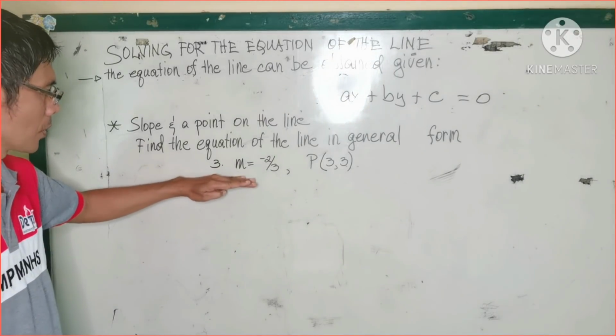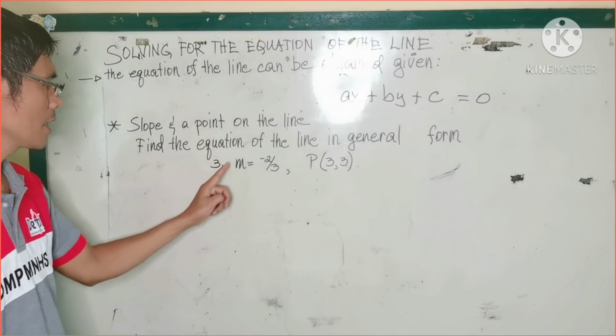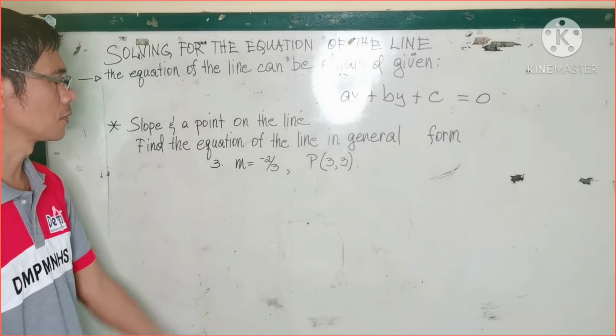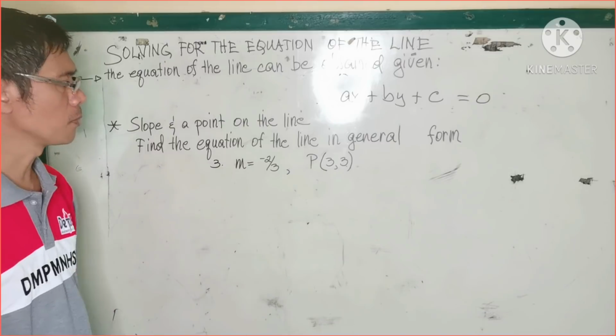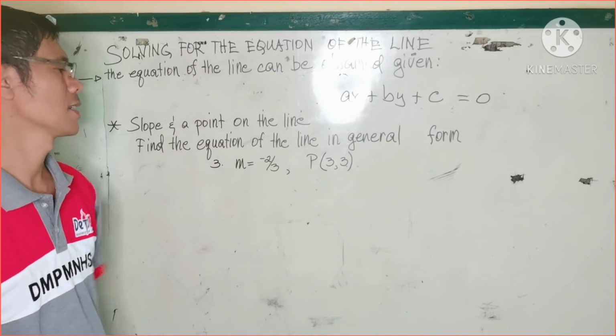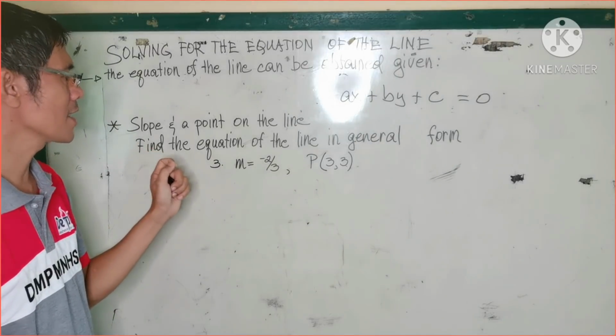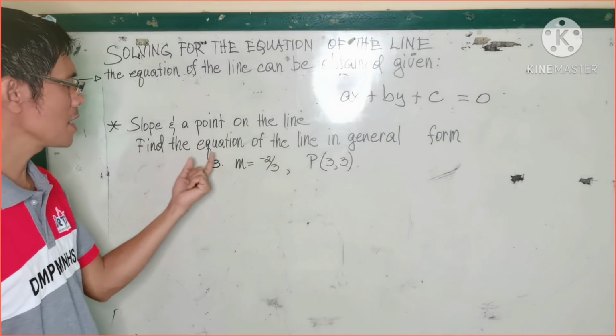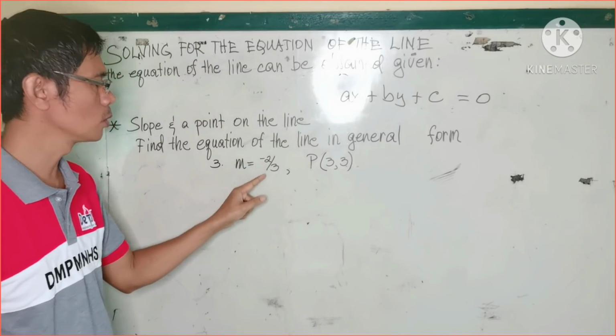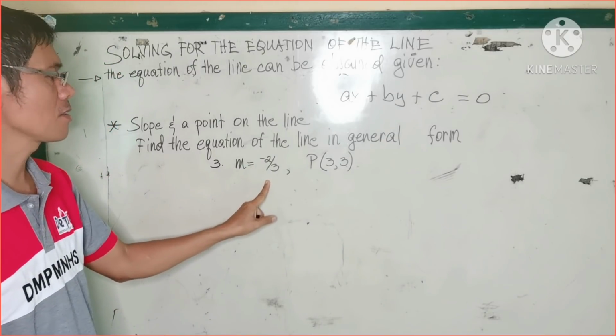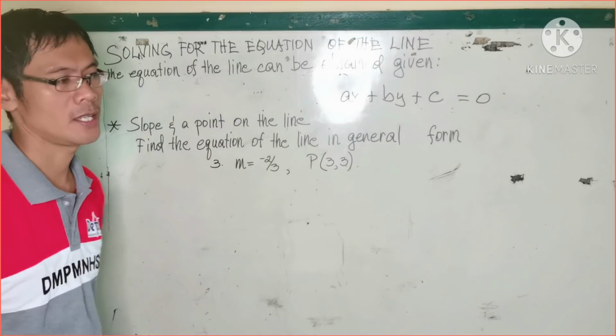For number 3, you're given m is equal to negative 2 over 3 passing through the point 3, 3. Solve for the equation of the line in general form having a slope of negative 2 over 3 passing through 3, 3.